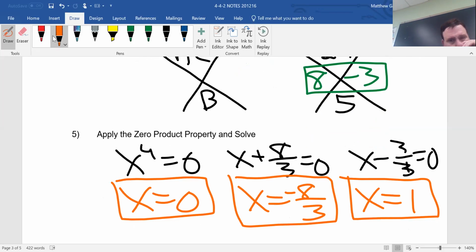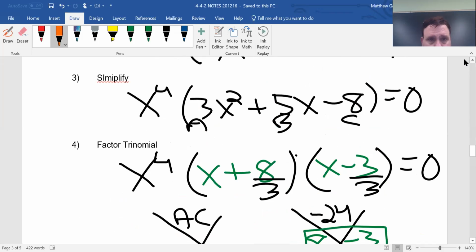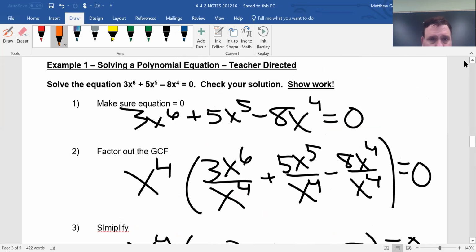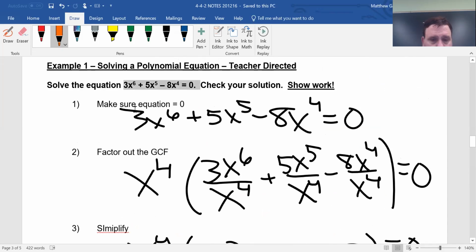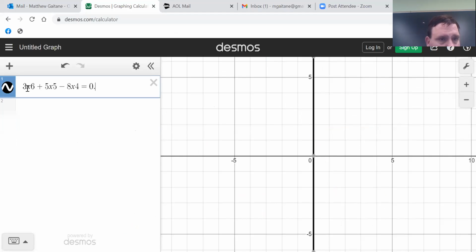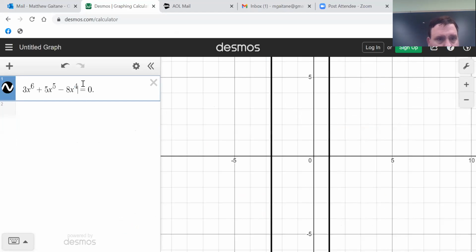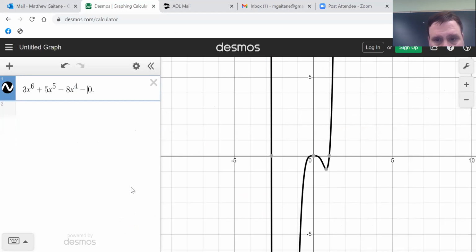You can still check this on the graph. Negative 8/3 on the graph should be between negative 2 and negative 3. So we go back and check this on the graph. Let's go to the graph, make our exponents 6, 5, 4, and get our intercepts.